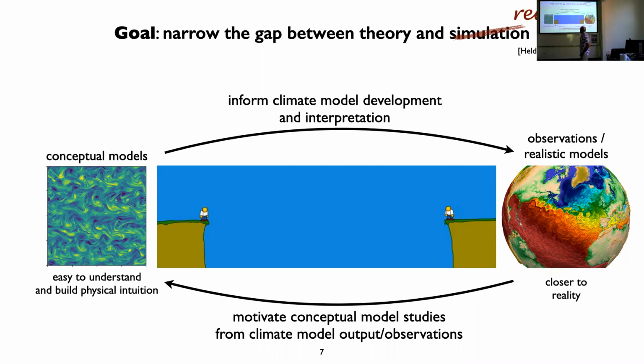And I'm borrowing here a nice quote by Isaac Held. He was talking about narrowing the gap between simulation and theory. And the idea is to narrow the gap between theory and reality. I mean, either realistic simulations or observations.